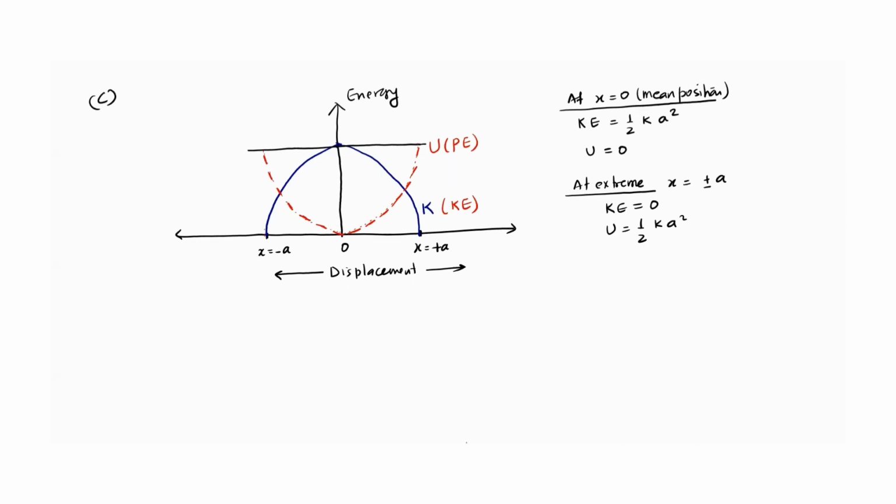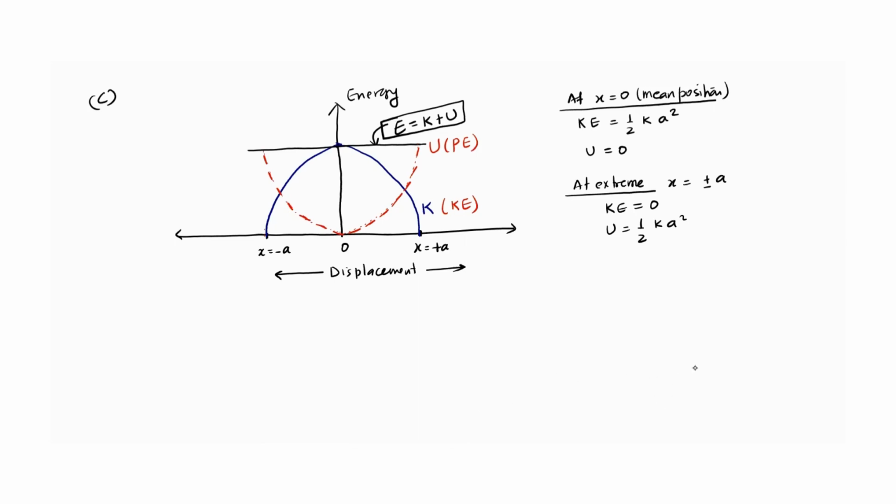Now what do you find? This horizontal straight line represents total energy, which is the sum of kinetic and potential. Clear?